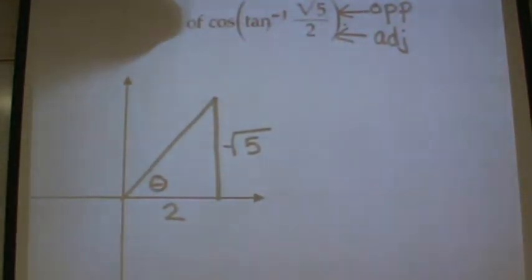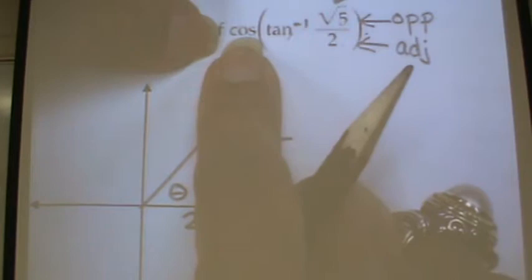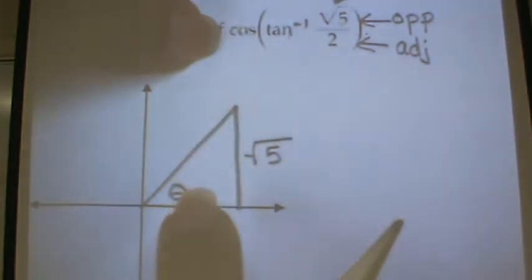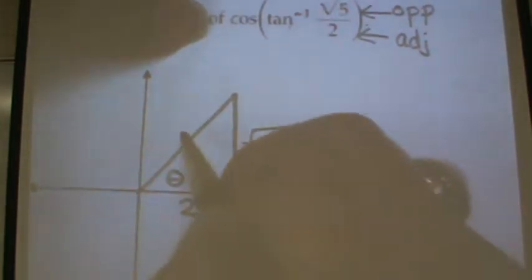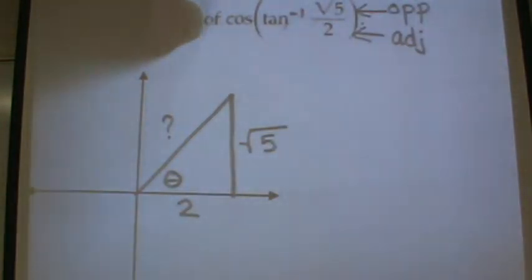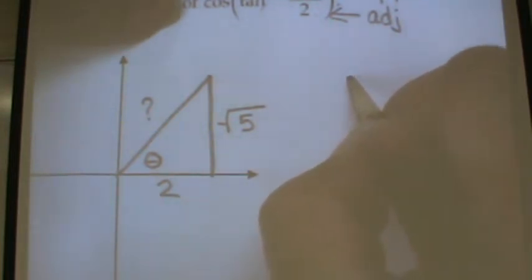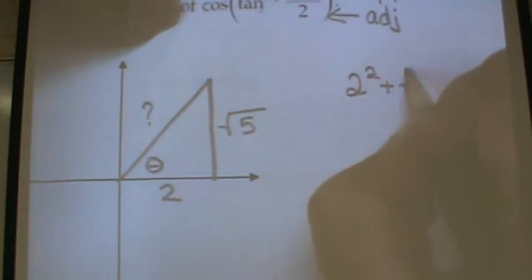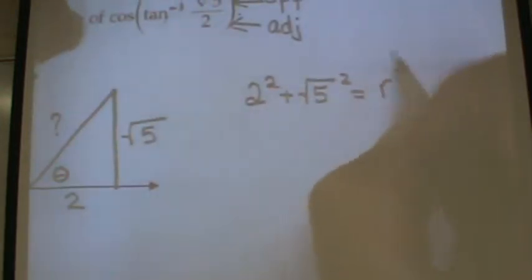Okay, now, if I would have had the word tangent here, the answer would have been root 5 over 2. But that's why I didn't do this one, because that's what that is. This one is asking you for the cosine of this same angle. So what do you think I'm going to need to do? Yep, you got it. Figure out what the hypotenuse is. And what are you going to do to figure out the hypotenuse? 2 squared plus root 5 squared equals the radius squared.